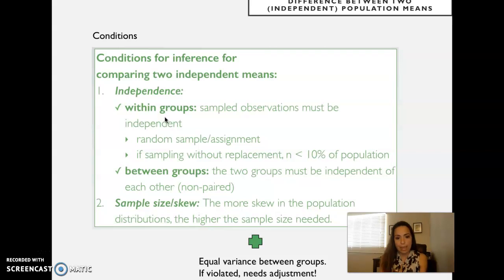In addition to all of that, the 2 groups, that's the important piece, need to have equal variance. The variability within each group in the measure that we're taking, in this case, amount of snacking, should be about the same. If this is violated, you can still run the t-test, but you need an adjustment. And we'll see that in the lab, how that's done.